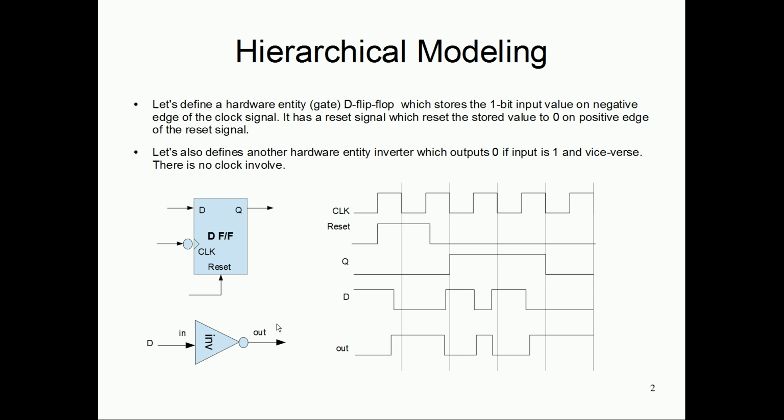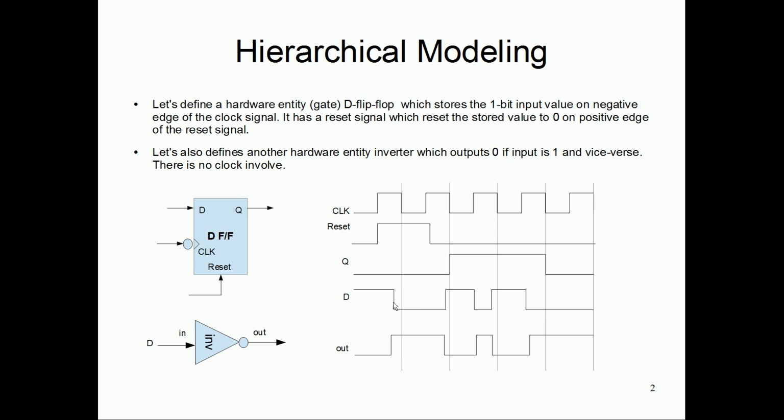Now, if we look at the D trend, let's say the same D we are feeding into the flop, we are also feeding into the inverter. Then what happens to the output of the inverter? When D is 1, the output is 0. When D is 0, the output is 1. So it is irrespective of the clock; it doesn't depend on anything like reset or clock.